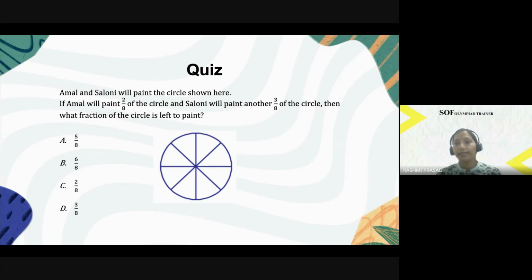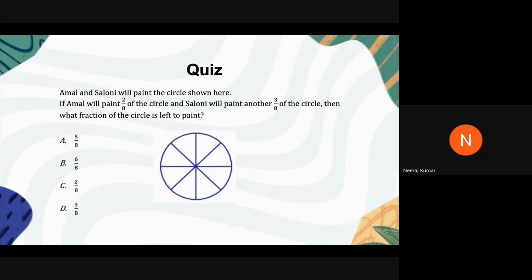I'm waiting for your answer. Tell me in the chat box. What is the answer here? I'm getting an answer from Zainab. Guys, send answer. Then Harish, it's saying A. Is it 3 are left?